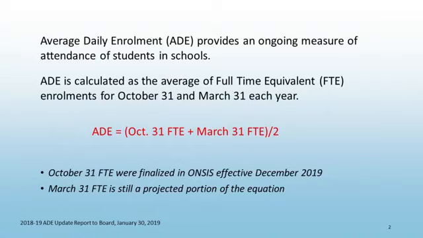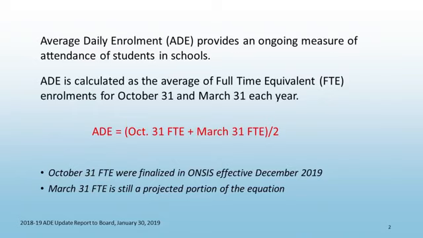It takes the enrollment from those two key points, puts them together and divides by 2 to get an average. So it's trying to indicate what the average enrollment would look like over the course of the entire year. Hopefully this will become clearer as I explain it to you.